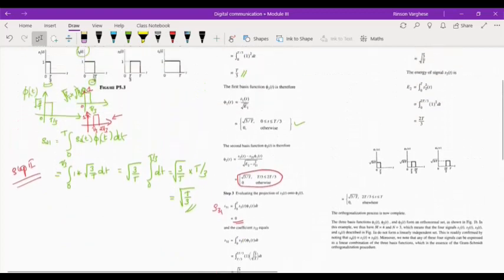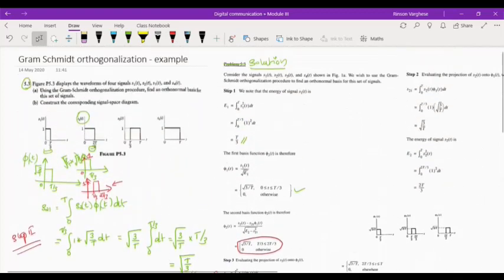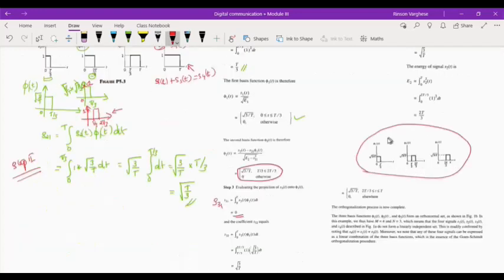Now again we have 4 signals, so naturally you may think that we need to go for the fourth basis, phi 4 of t, but that is not required, because you can represent S4 by these bases itself.